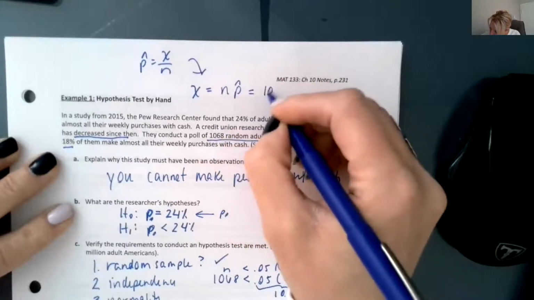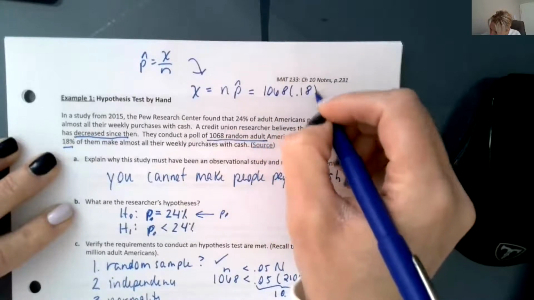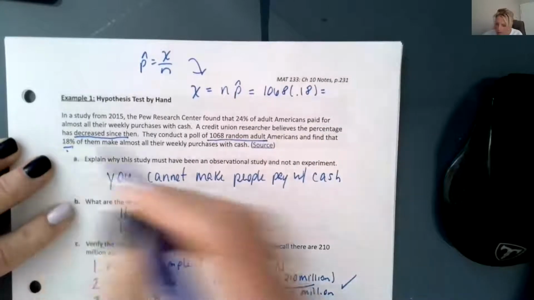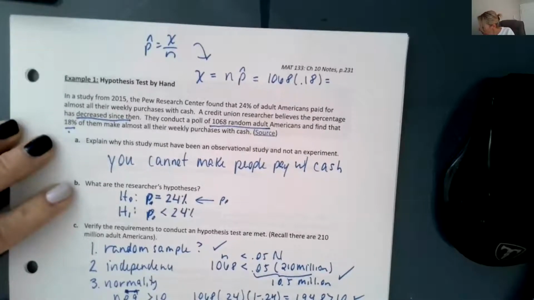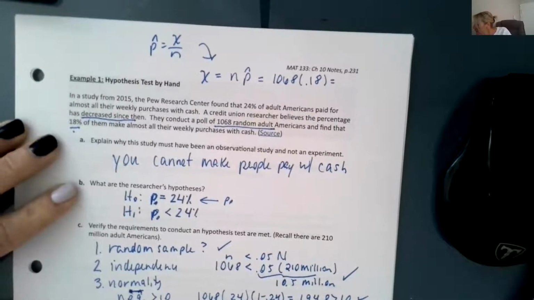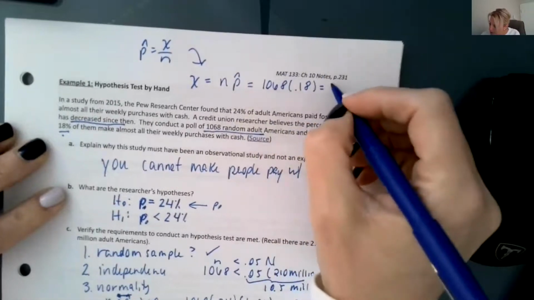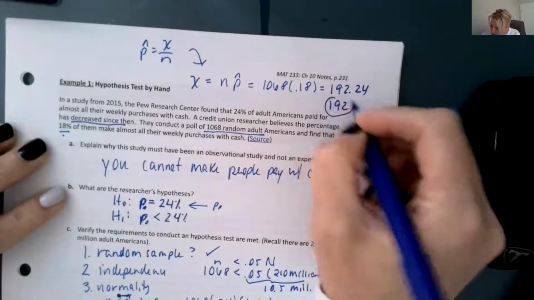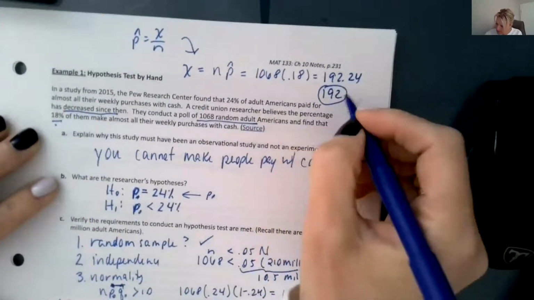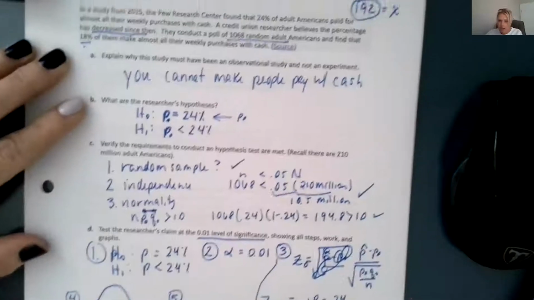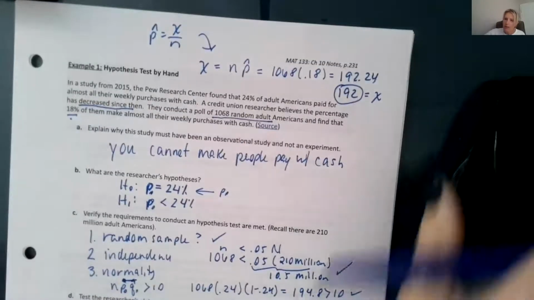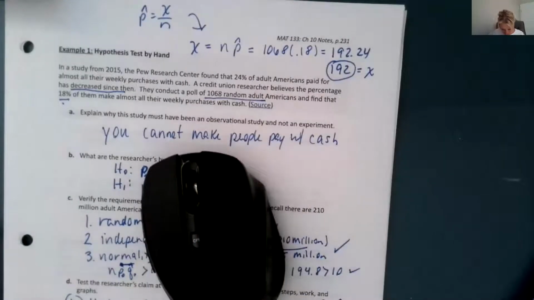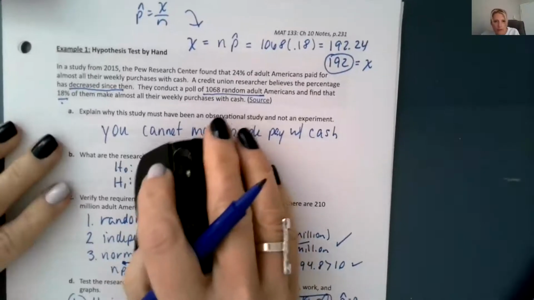So for us, we have 1068 times 0.18, that's our p hat from our sample. That comes out to be 192.24, and so we're going to round to 192 appropriately. Okay, so that's our x. So we are going to go back to StatCrunch here.